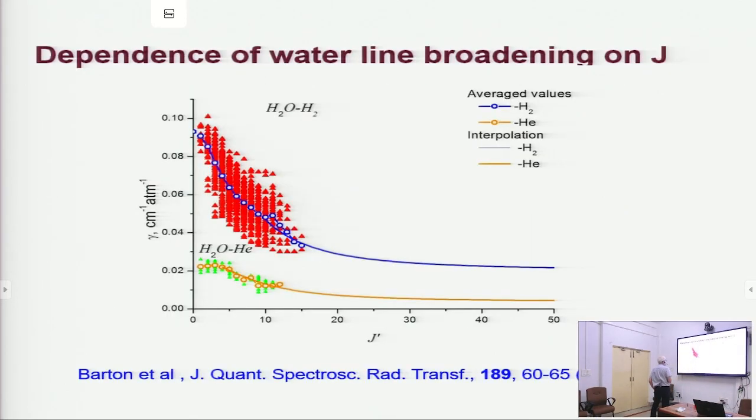This gives just an idea of line broadening values for water with hydrogen and helium. You can see helium is an even more inefficient broadener than hydrogen. And it's not just mass, because helium is twice as heavy as hydrogen. It's also the fact that hydrogen has a quadrupole. I've only plotted on J. The cluster is to do with, if you remember, water has all these different levels, where J has 2J plus 1 separate levels.